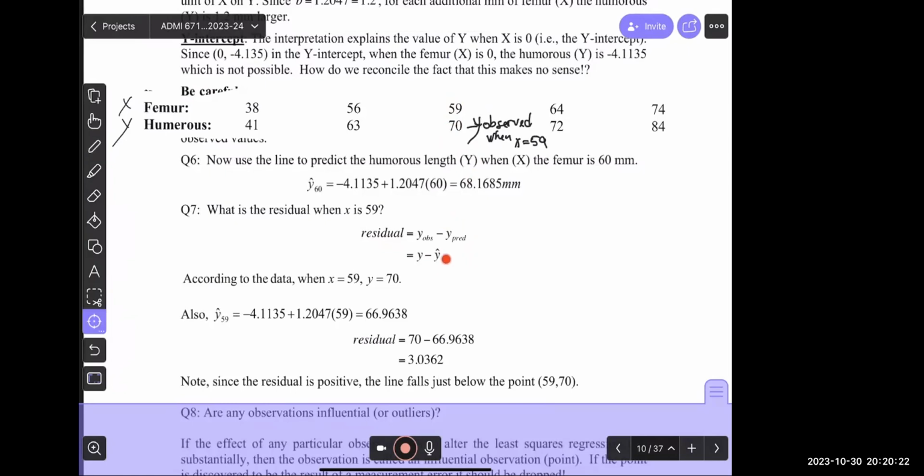What is Y predicted when X is 59? So I'm going to use the chapeau or the sombrero here, the formula, and put 59, and this is what I get on the line.